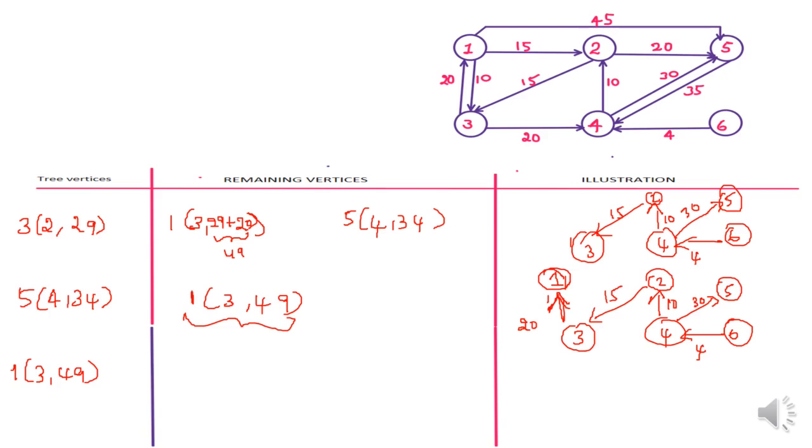This itself is the final shortest path. The shortest path, I will highlight here, is this path, and this one, and this, and also this. This is the path which is going to give you the shortest path.